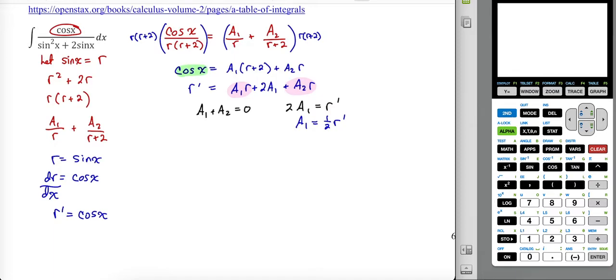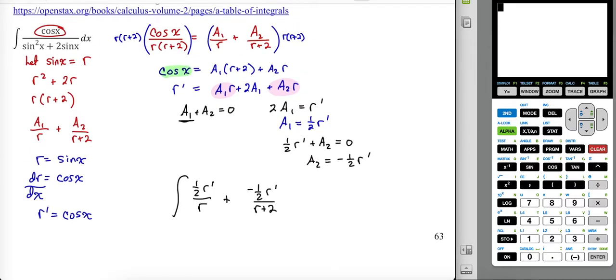If that's the case, then another substitution would be, instead of a1 plus a2, 1/2 r prime plus a2 is equal to 0, in which case a2 would be negative 1/2 r prime. So I can now say that I have an integral, instead of a sub 1 over r, it would be 1/2 r prime over r plus negative 1/2 r prime over r plus 2.